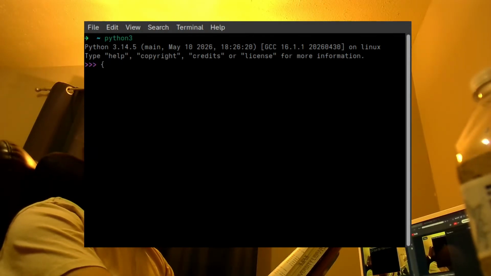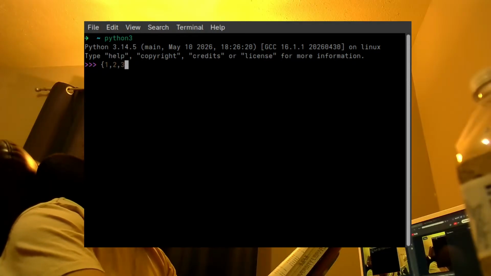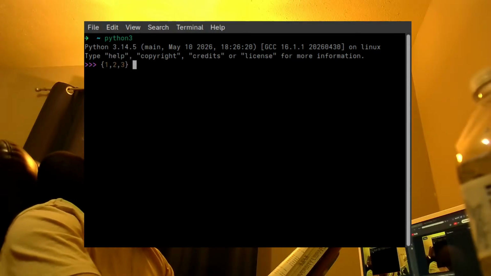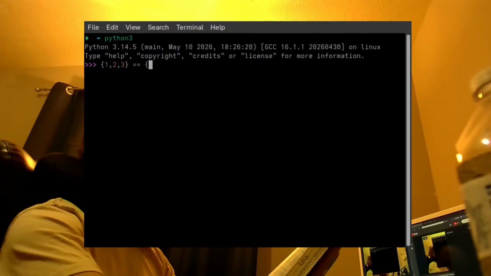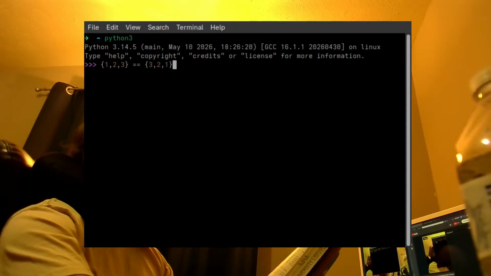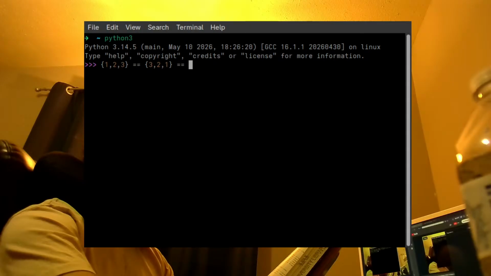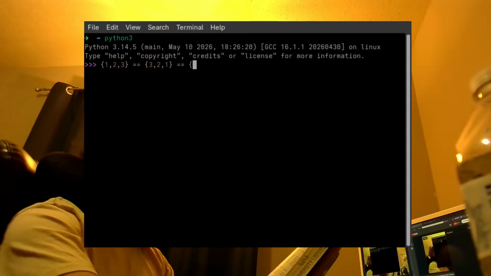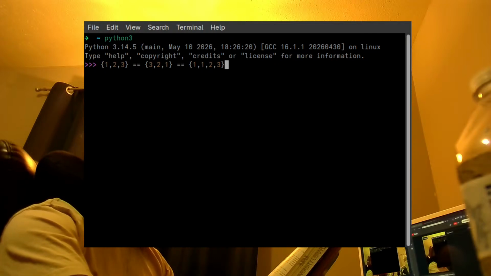It was saying the set 1, 2, 3 is equal to 3, 2, 1, which isn't very hard to grasp, but it was also saying the frequency doesn't matter, so 1, 1, 2, 3 is equal to these.